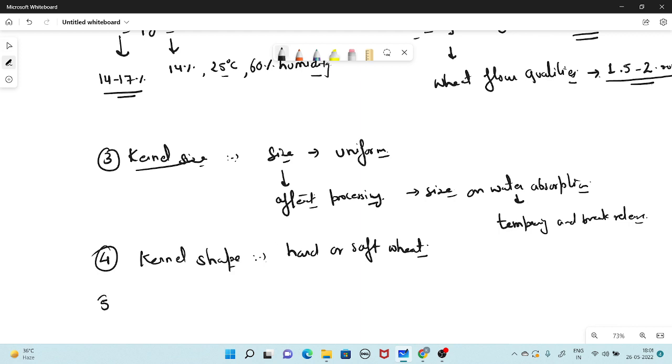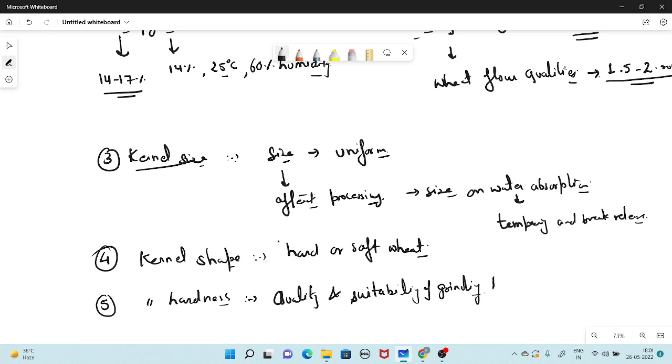Next comes the kernel hardness, which is used for the quality and suitability of grinding the seeds during milling. All these parameters need to be taken care of during the processing of the seeds, right?